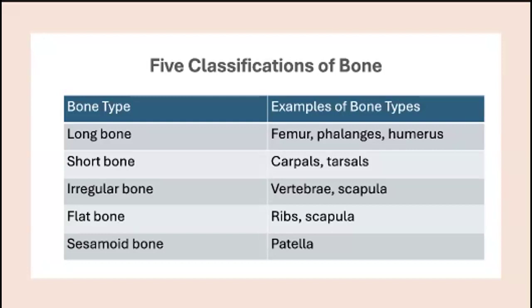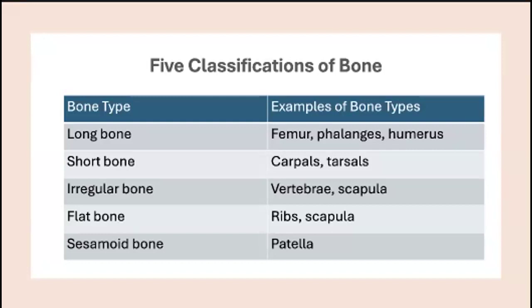We have irregular bones, which are complex shapes that really do not fit into any of the other categories. They vary in shape and size, and these are our mandible, our sacrum, and some bones within our inner ears. They serve a specialized function based on their location. And then we also have sesamoid bones, which are round oval bones.